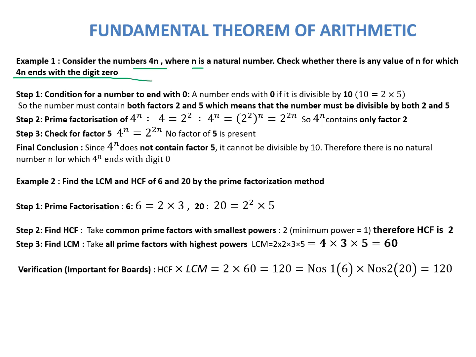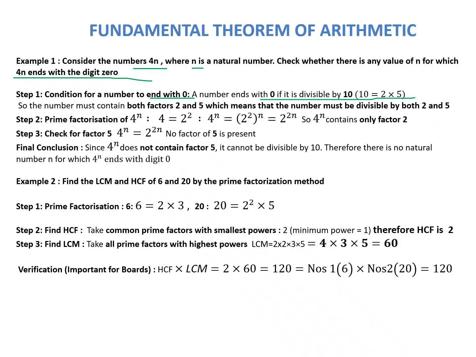Now we have to use our understanding of the divisibility rules that we learned in classes 7th or 8th. The condition for a number to end with 0 is that it is divisible by both 2 and 5. Why both?